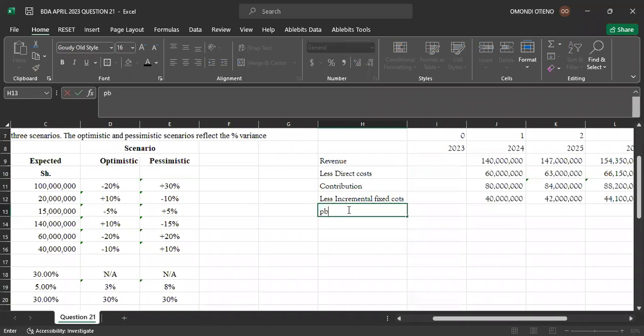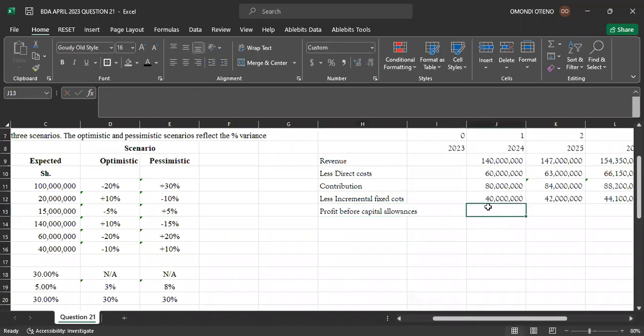We can call it profit before capital allowances. I can see a question is there. So let's get a profit.